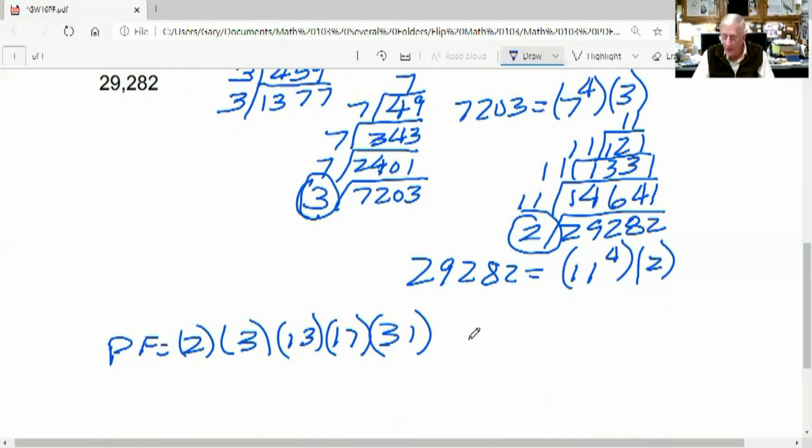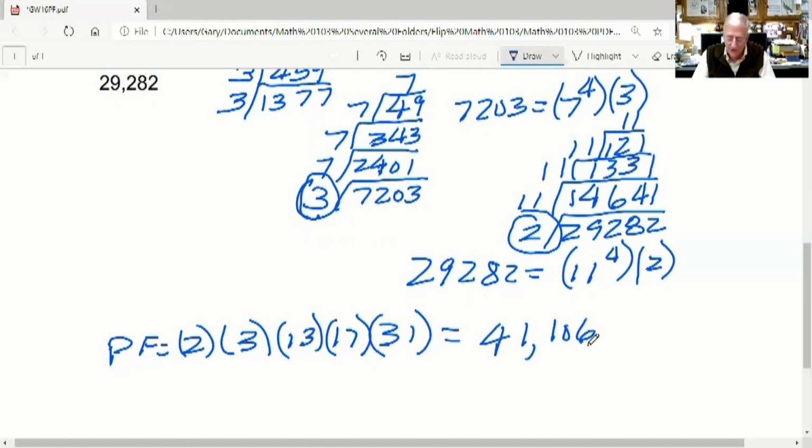All right, so what is that number? Well, let's multiply them out and see. 31 times 17 times 13 times, well, we can just do 6. 2 times 3 is 6. I got the answer 41,106.